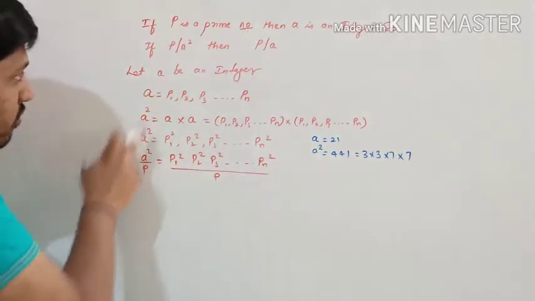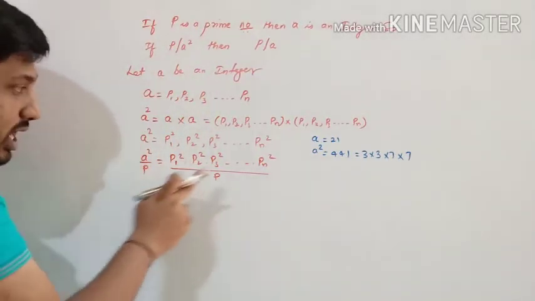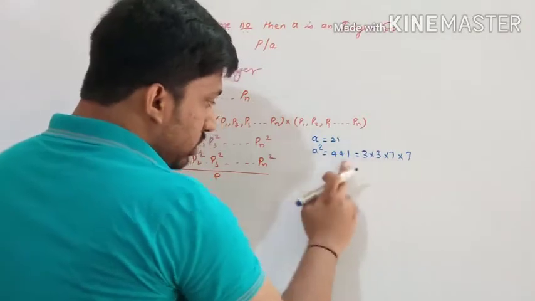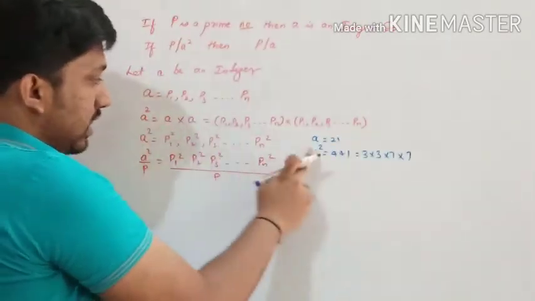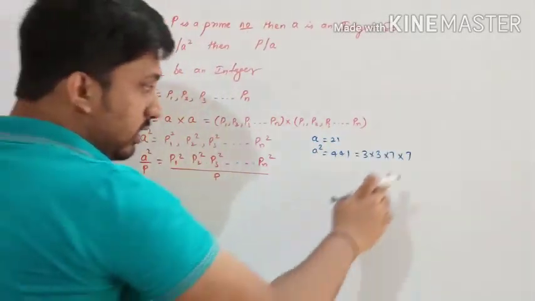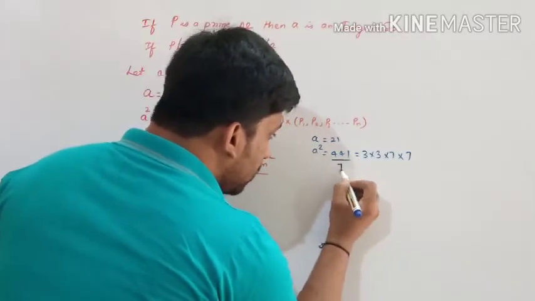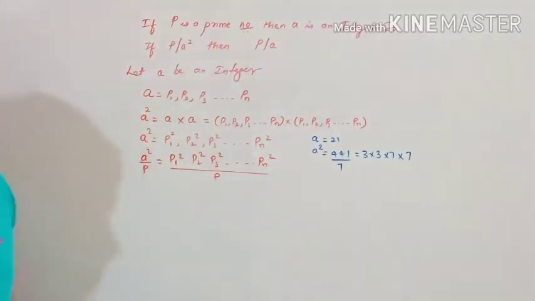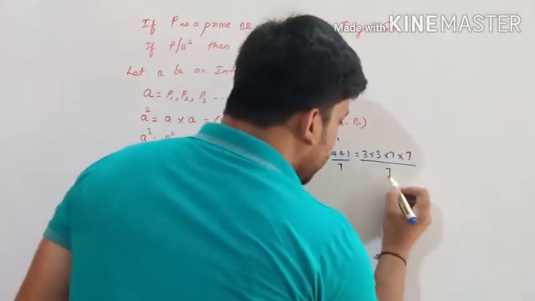It says that p is a prime number and p divides a square. So here we have all the prime factors of 441, with a as 21 and a square as 441, and I consider either 7 or 3. Now if 7 divides 441, then 7 divides a also.